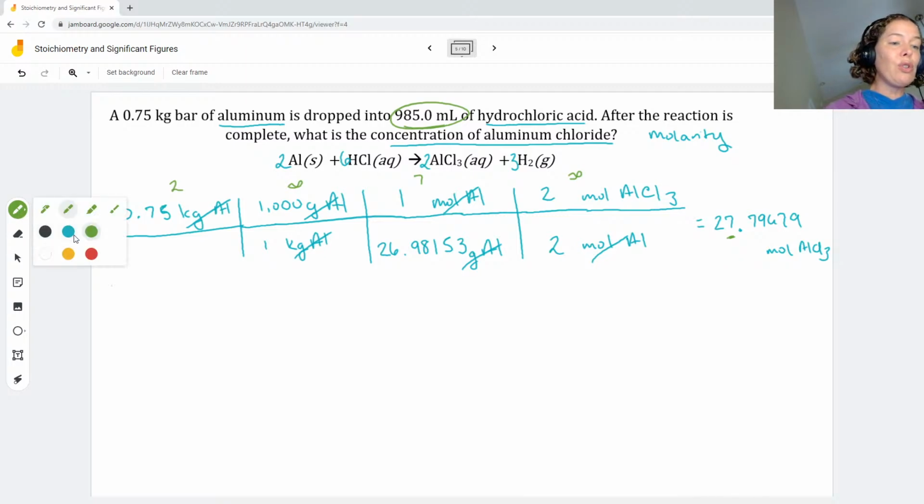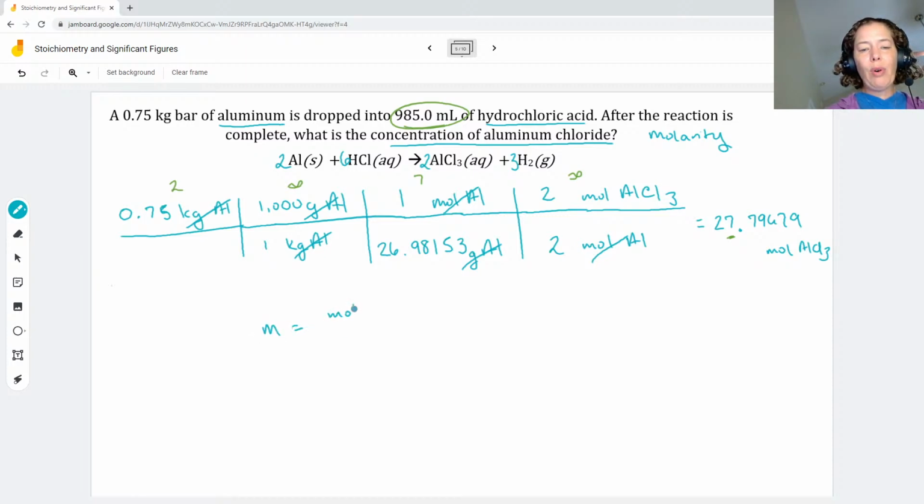Okay, let's go to the next step, which is getting concentration. So molarity is moles of solute over liters of solution. We definitely have our moles. We've got our moles of aluminum chloride, which is great. Now we need our liters of solution. This is total liters in whatever you're doing.